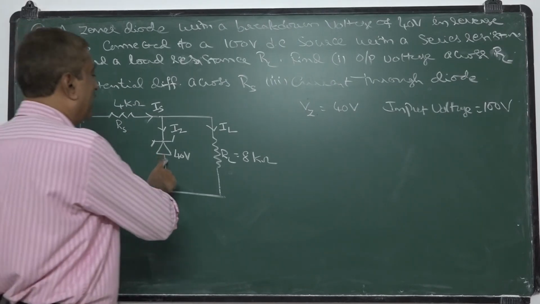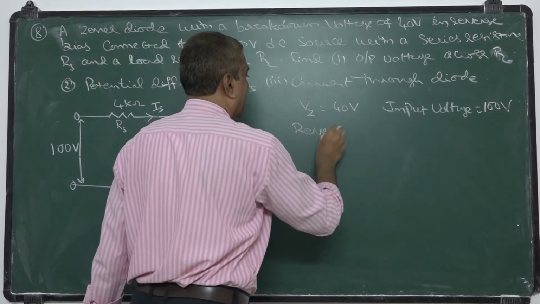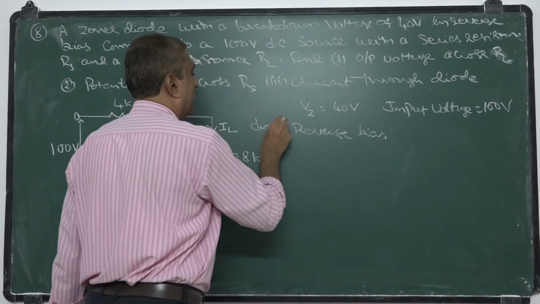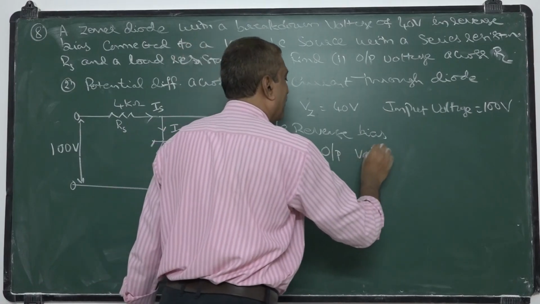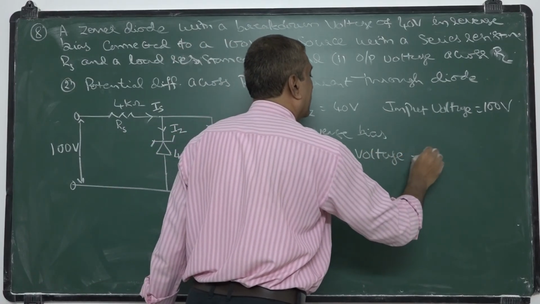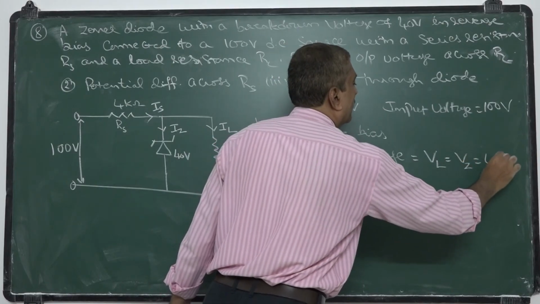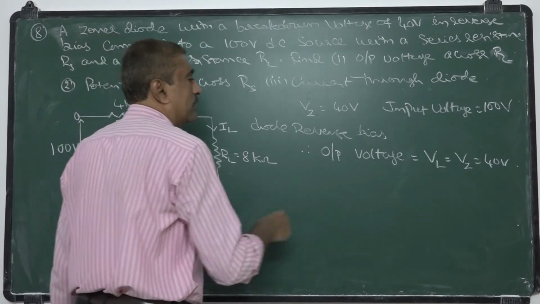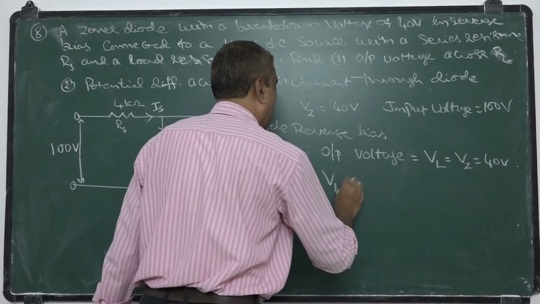So given the diode is in breakdown region in the reverse bias. So the output voltage is equal to VL, that equal to VZ is equal to 40 volt, because these two are in parallel. So VL is equal to VZ is equal to 40 volt.